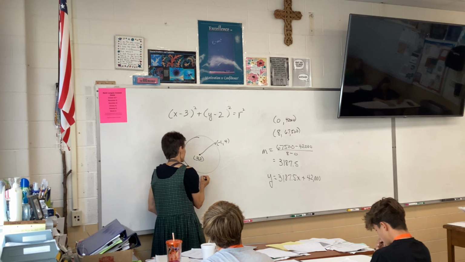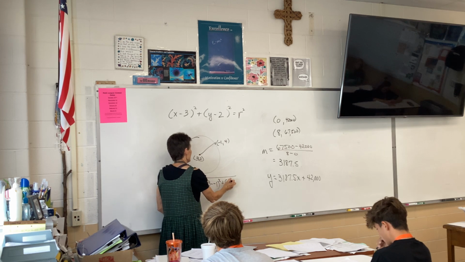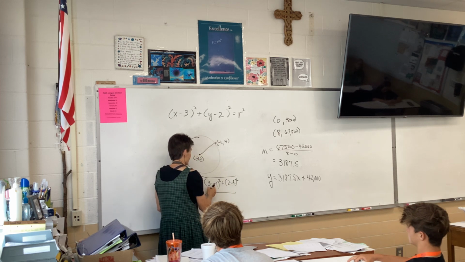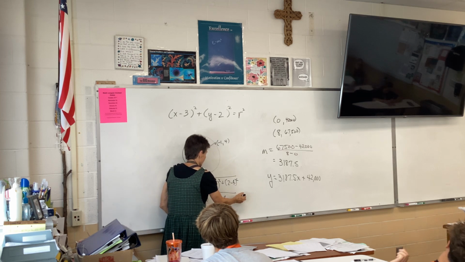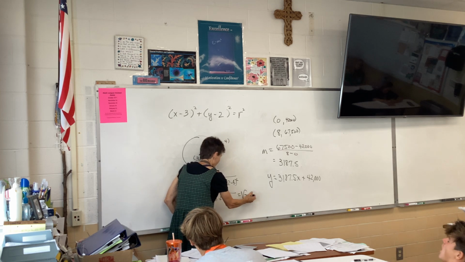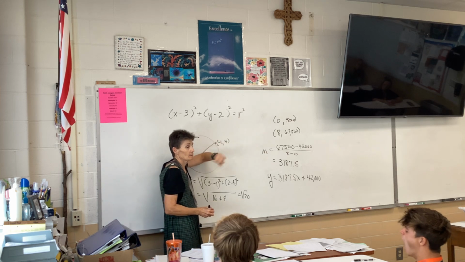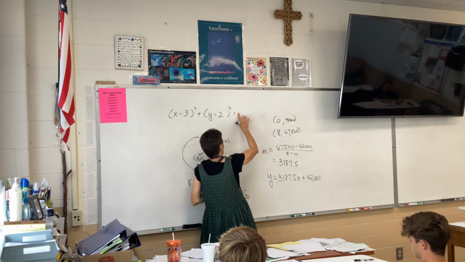So the radius is gonna be 3 minus -1 squared plus 2 minus 4 squared. So that's 16 plus 4, root 20. So what goes up here? 20, r squared.